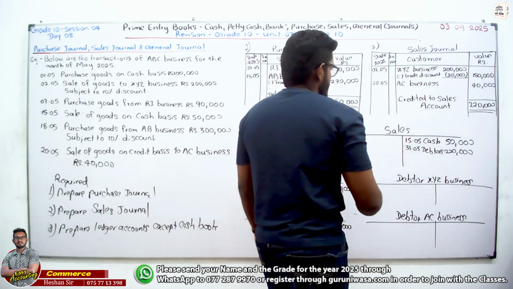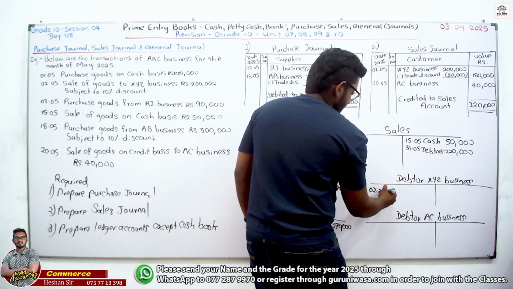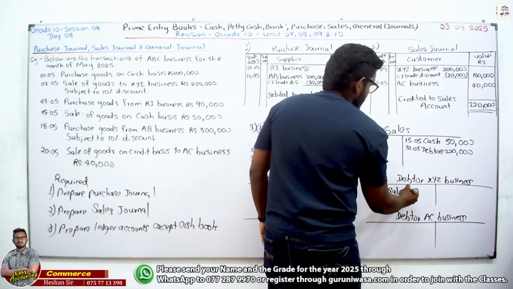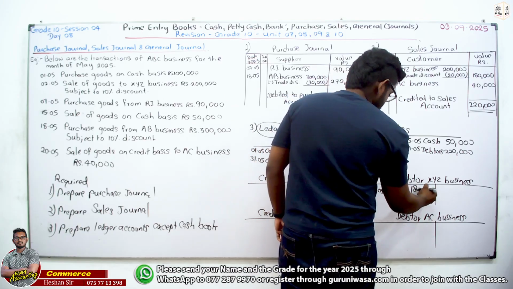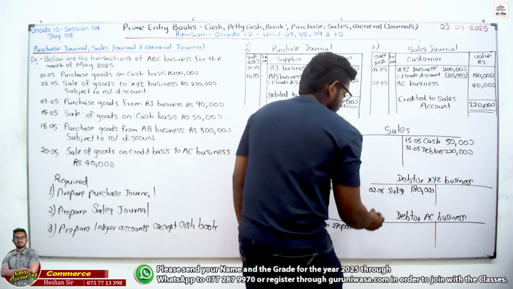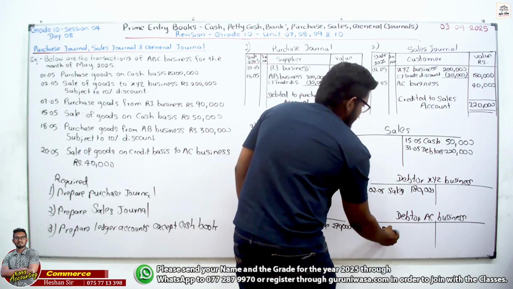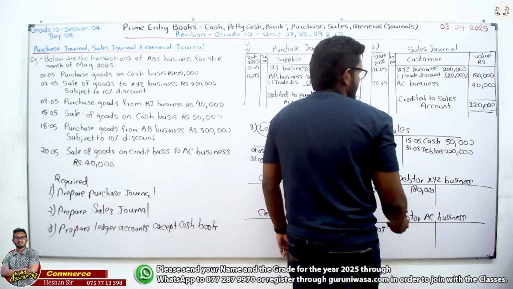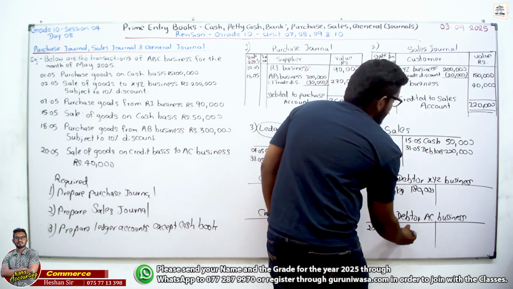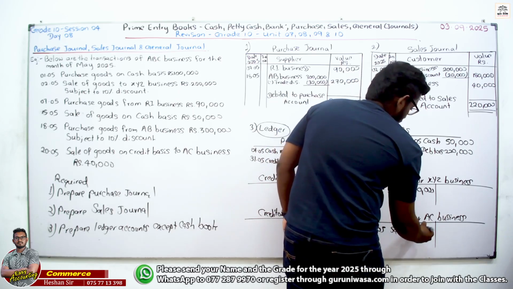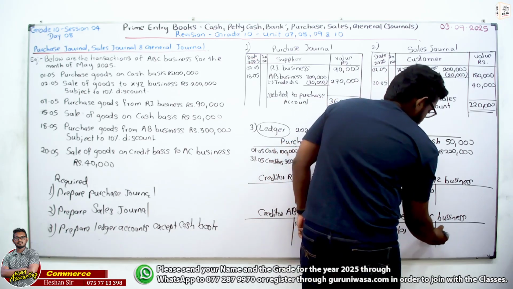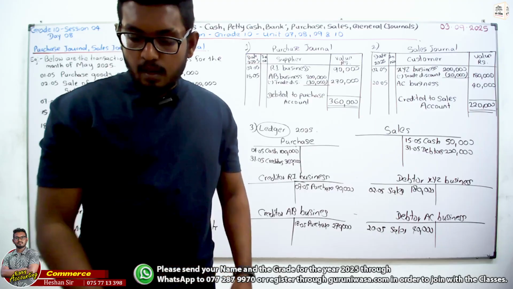Debited to relevant debtors account 2nd of May as sales 180,000. 20th of May, the transaction date, right? Sales 40,000. හැමතිස්සෙම බලන්න කොහොමද අපි දාන්නේ කියලා.